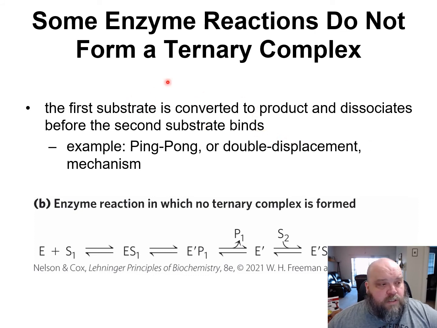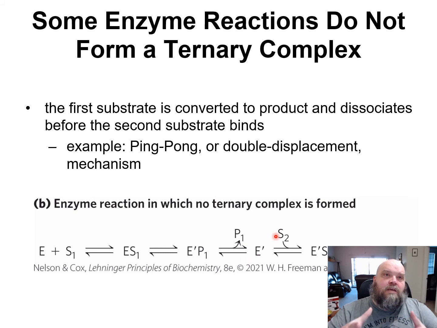And sometimes you see that, even if there's going to be multiple substrates, it's not E plus S1, ES1, now you have ES2 like we saw in the ordered, or even the random, E plus S2, ES2, now we bring in S1. Now sometimes it's, as we see here, E plus S1 gives you product 1, kicks out, but now you have E prime.